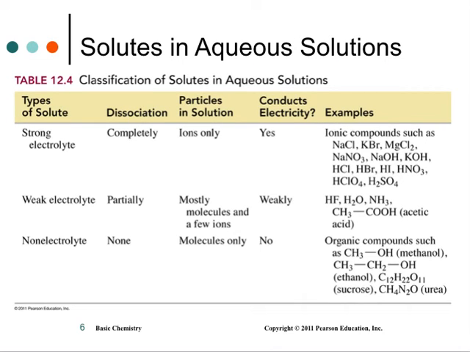So here's some examples. Strong electrolytes completely dissociate. And you should know by now that dissociation is breaking apart into positives and negatives. It all goes completely to ions, and since there are ions in the water that can move, you've got electricity. You've got moving charges, and that's what electricity is. Lots of examples. You've got all of these hydroxides.